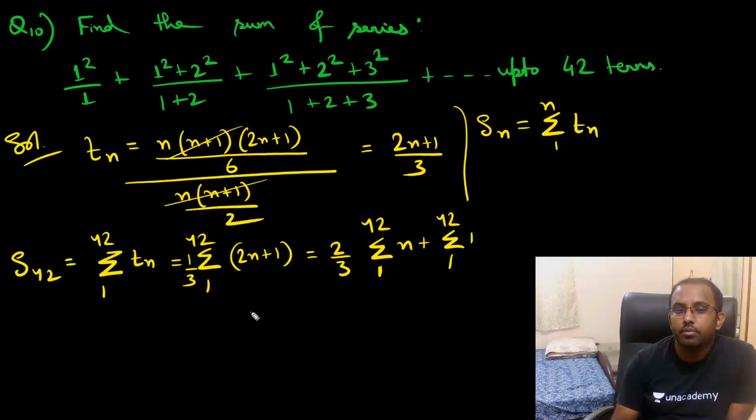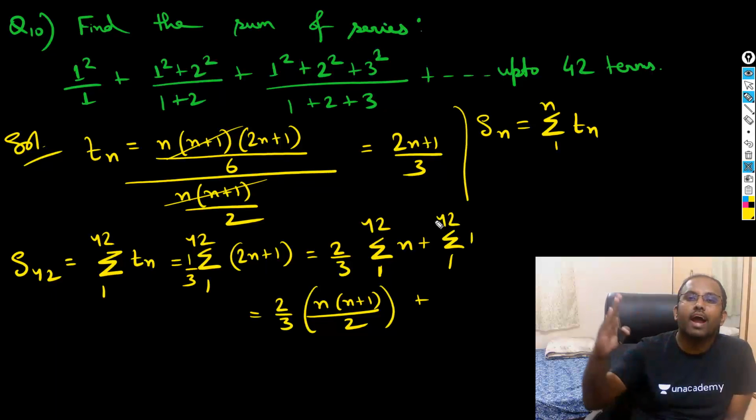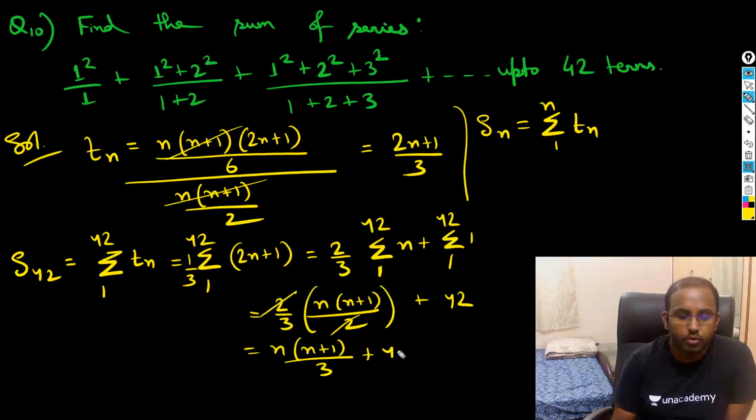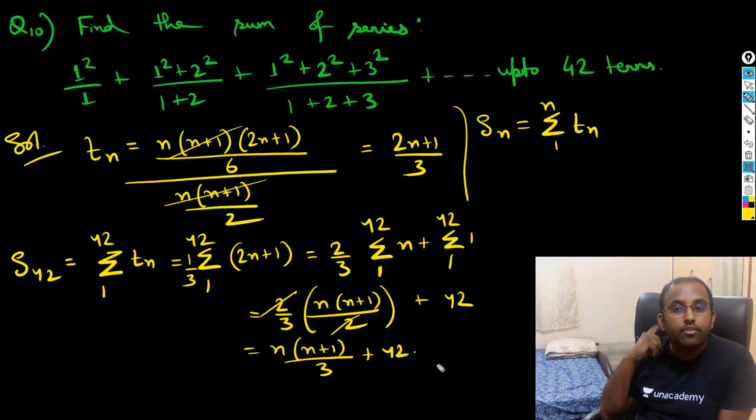So this basically becomes 2 by 3 into n into n plus 1 divided by 2, plus the summation of 1 to 42 of 1, which means 1 is added 42 times, that is plus 42 here. This gets cancelled. It becomes n into n plus 1 by 3 plus 42. Now I'll put the value of n as 42 here.